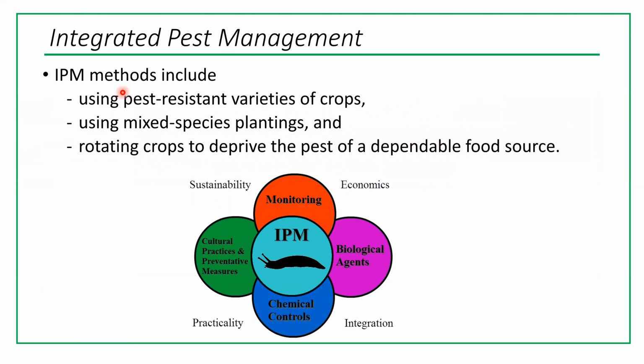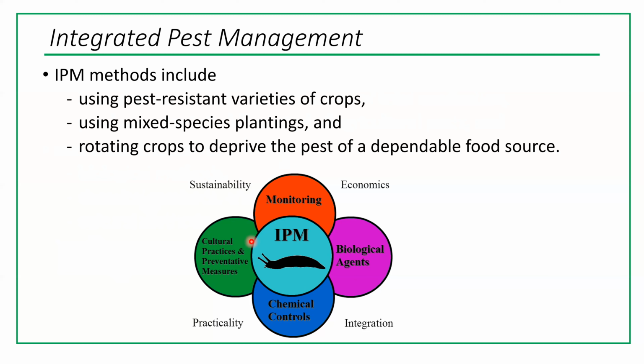So IPM methods include using pest-resistant varieties of crops. So we can have a crop that is pest-resistant. We can use mixed species planting, and we can rotate crops to deprive the pest of a dependable food source, right? So here you can see IPM that includes monitoring, biological agents, chemical control, and cultural practices and preventive measures, right?